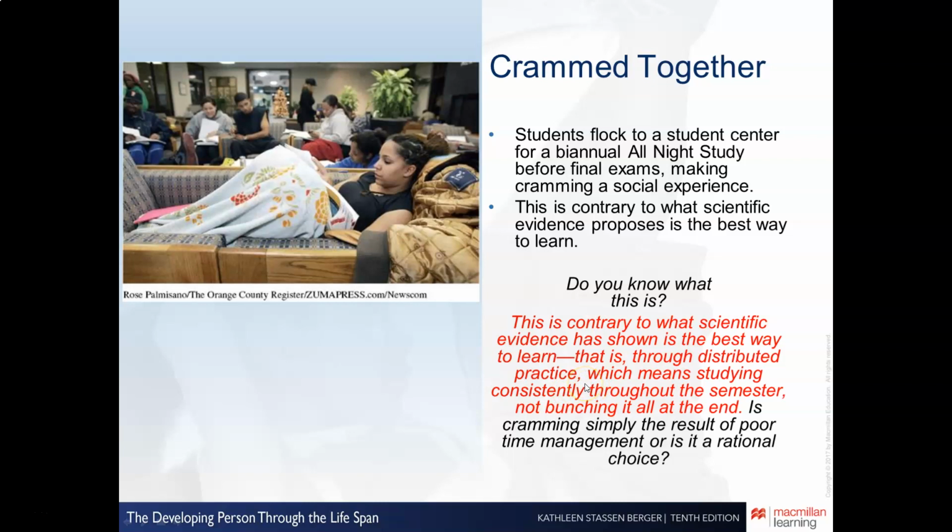Our brains are able to encode, store, and retrieve the information a lot more efficiently when we study that way, instead of waiting until the last minute, usually the night before or the day before an exam, and thinking that we're just going to magically remember it, like we just put it all in there and then we're able to retrieve it. Usually that's not the case. But that might be worth discussing in our discussion forums. Tell us your experiences with that type of thinking or that type of behavior.